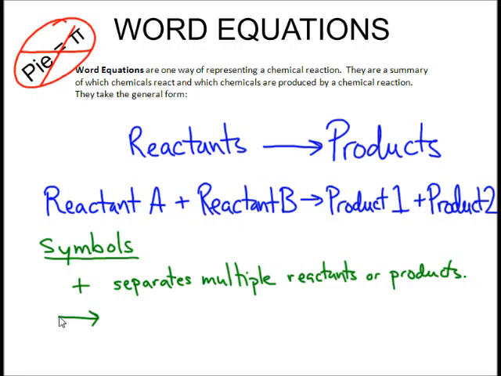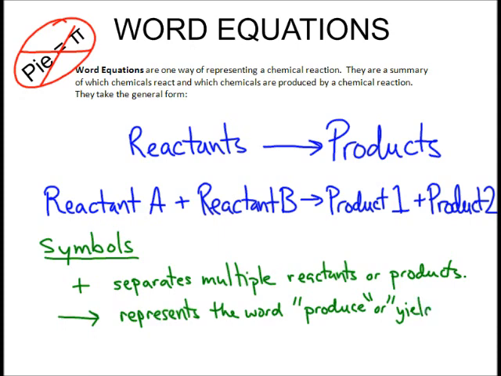The arrow is used to represent the word produces or yields or forms. So that's what our arrows are. So when you see those symbols, that's what we're talking about.